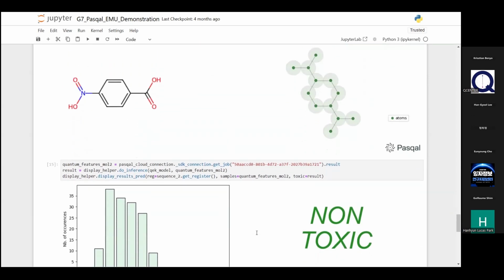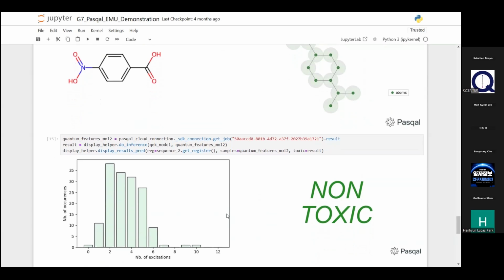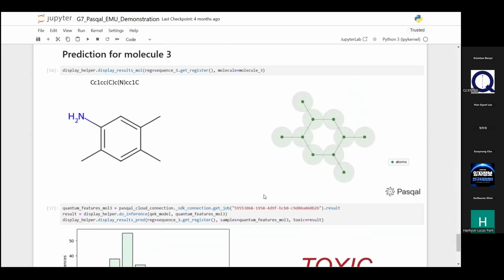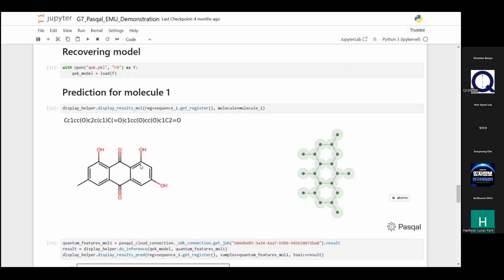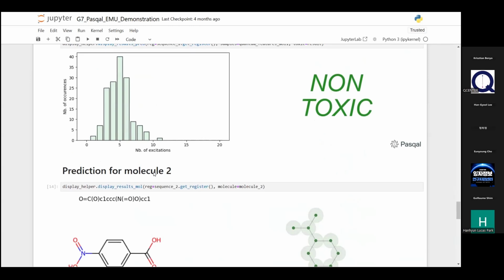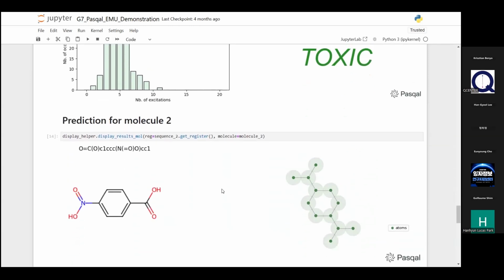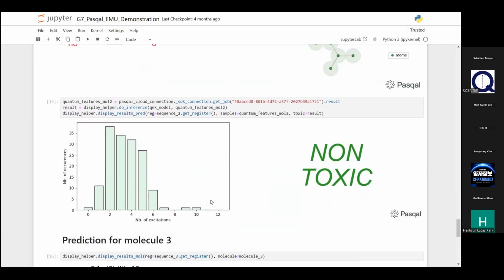We do this similarly for the other molecules as well, in order to obtain the discrete probability representation. And what we can see is that, for instance, molecule number 1 and molecule number 2 are quite different from a molecular or geometry perspective, yet their footprint, the probability distribution, has a similar structure.